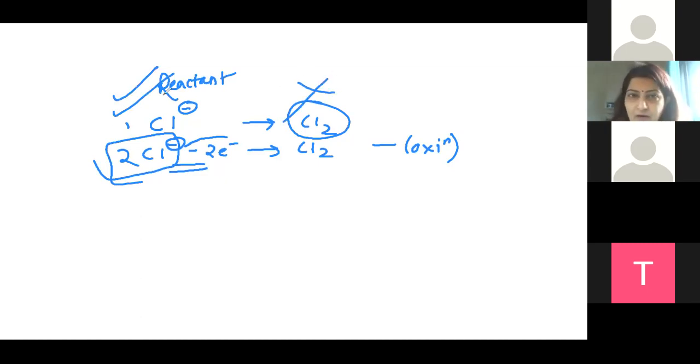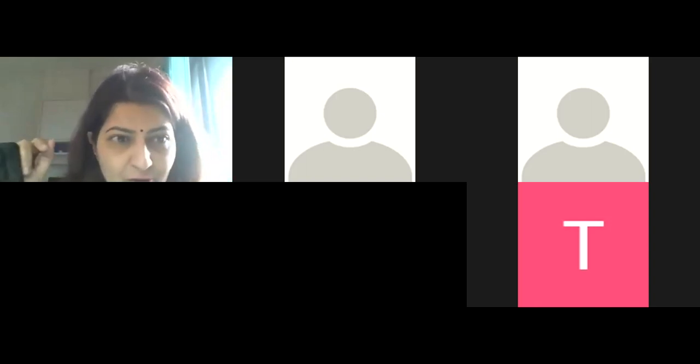Now the last part of the lesson is redox reaction and electrode potential. By using this concept of redox reaction, how is electricity generated? Electricity can be generated in two ways: through a metallic conductor and through an electrolytic solution.